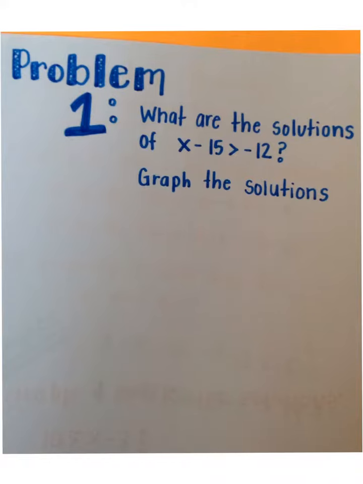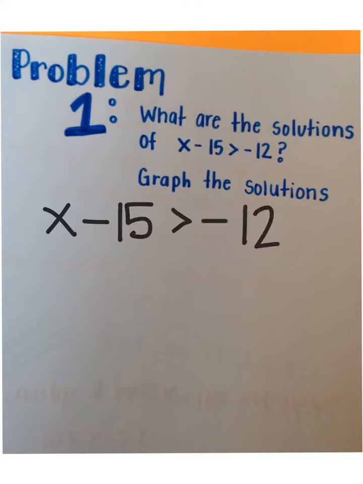Okay, so problem 1 wants us to find the solutions and graph them for the given inequality. Now remember, we can treat inequalities like equations. What I mean is that I want X to be isolated, all alone on one side of the inequality symbol.